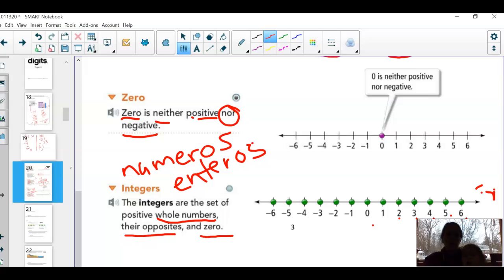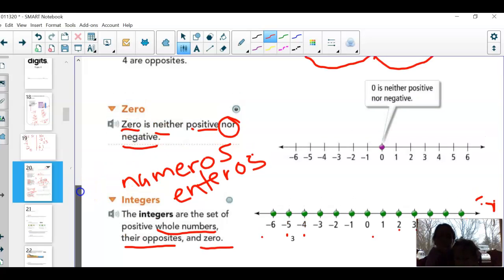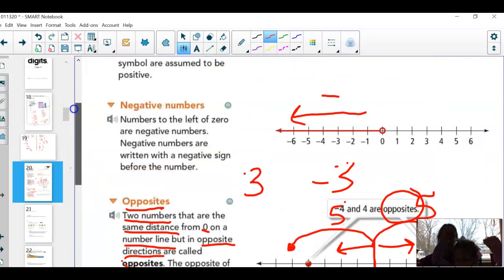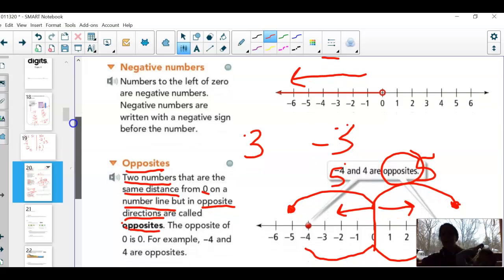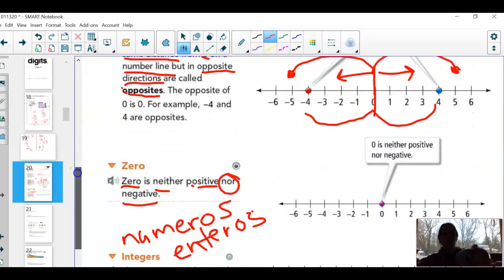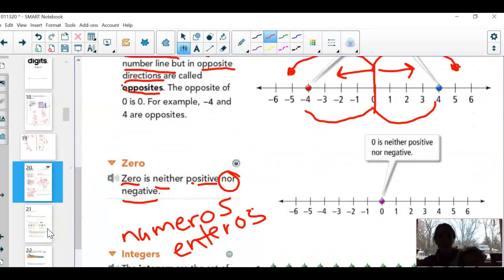Those are integers, and their opposites: -1, -2, -3, -4, -5, -6. All of those are integers, okay? Those are our basics of this lesson. That's really all of it. The rest of the lesson, we're just going to practice and decide when do we write a number as positive and when do we write a number as negative, okay?